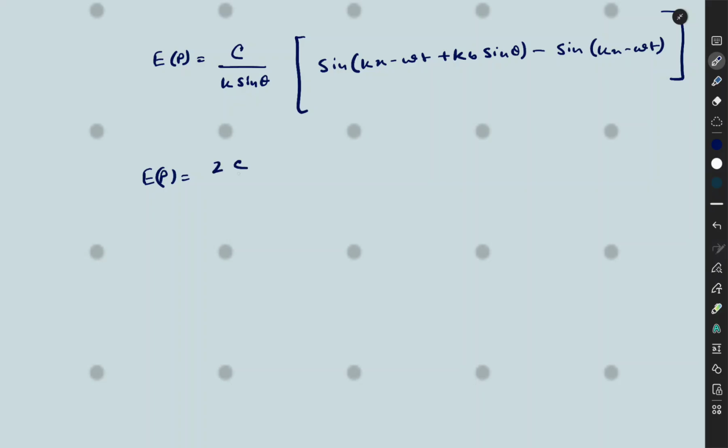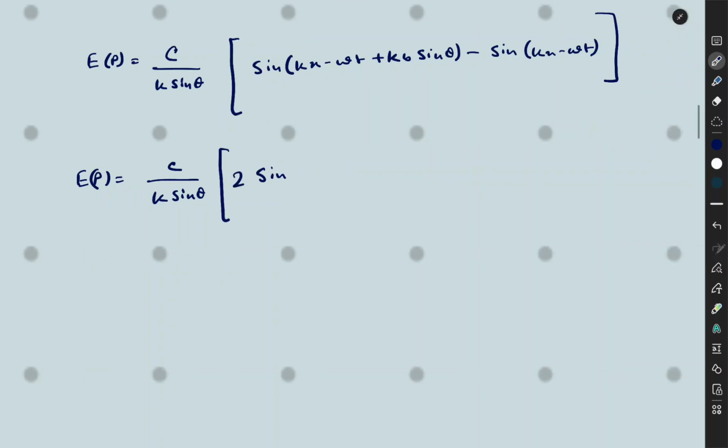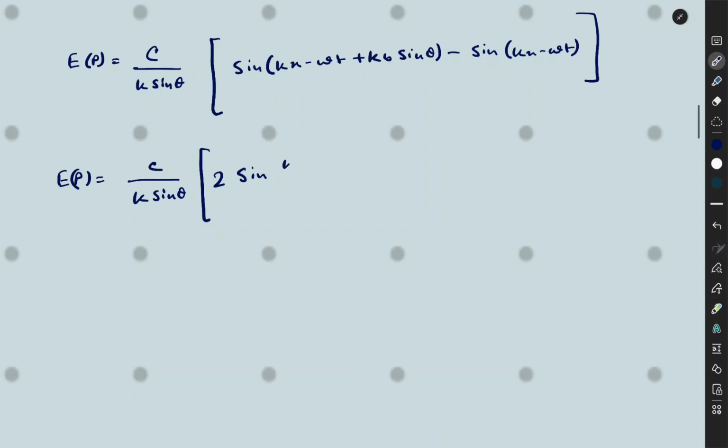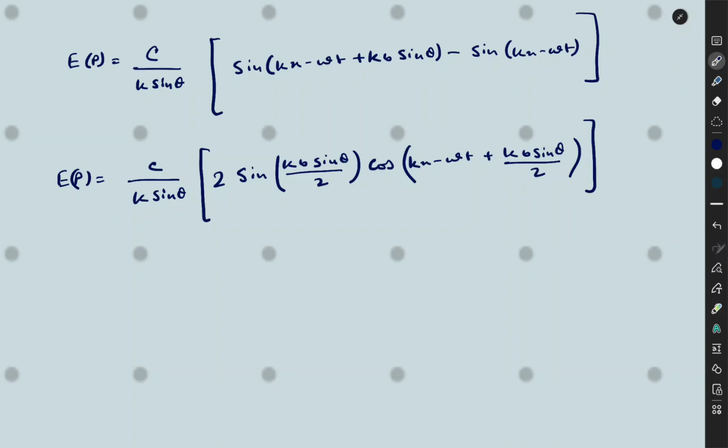So it will be c by k sine theta, then 2 sine of (c minus d) by 2, that is kb sine theta by 2, into cos of (c plus d) by 2, that is kx minus omega t plus kb sine theta by 2.